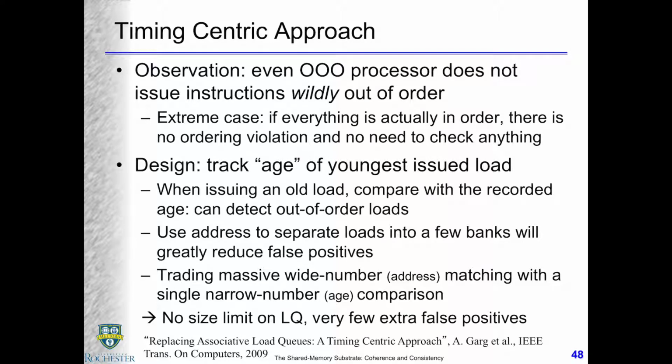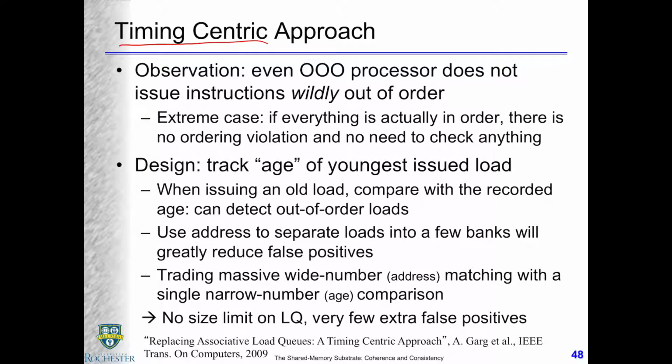So what we tried out, and this is a paper that we wrote many years ago, is a completely different approach. We call this timing-centric. So we're more worried about testing the timing condition than worried about address.